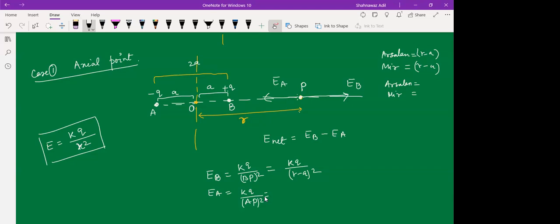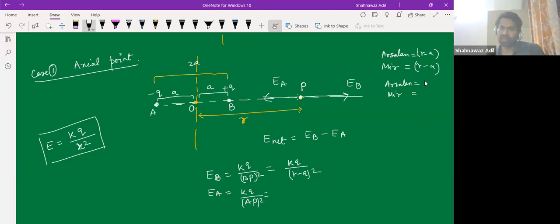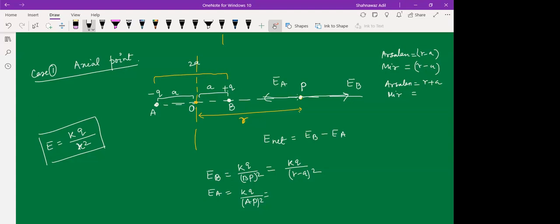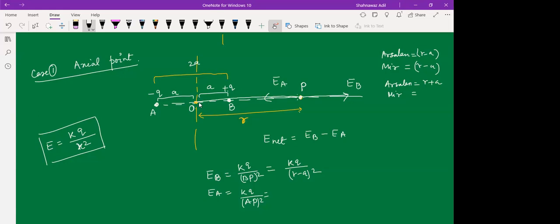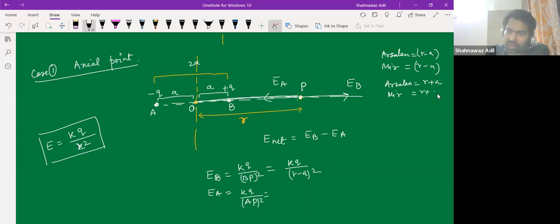R plus A. So Arsalan is saying R plus A. What about you? Are we going plus A? So this much is R. Okay, so R plus A. So this is KQ divided by R plus A whole square. Good. So now we have calculated EB and we have calculated EA.